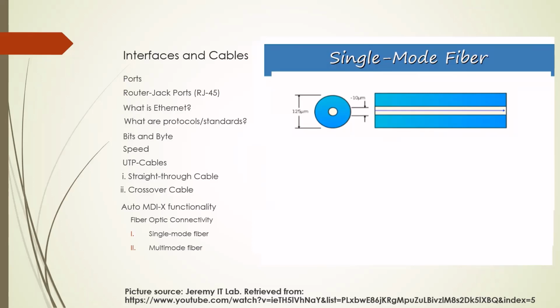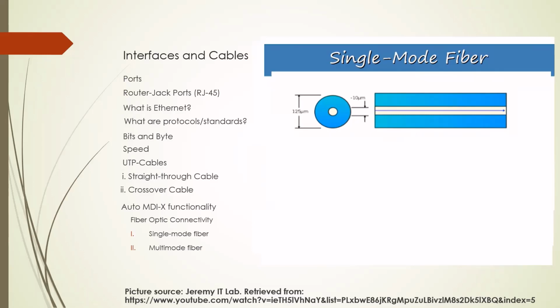But in this particular case, it's called single mode because it allows just one ray to pass through. So please take note. The 125 micrometers one that allows multiple rays is a multi-mode fiber. But this one that allows only one ray is the actual single mode fiber.